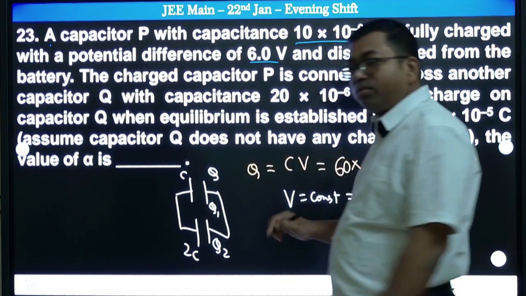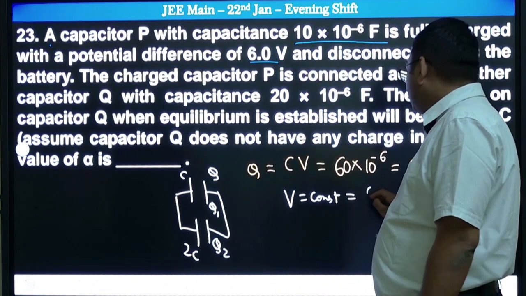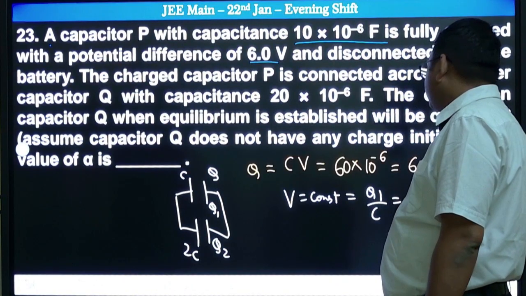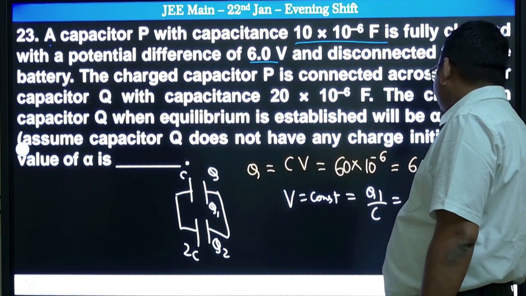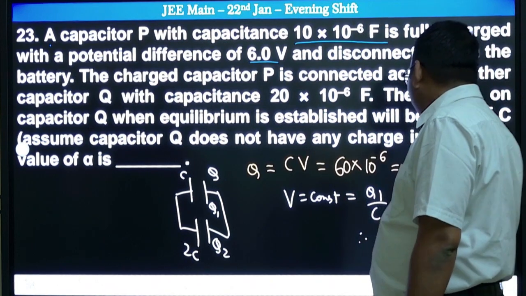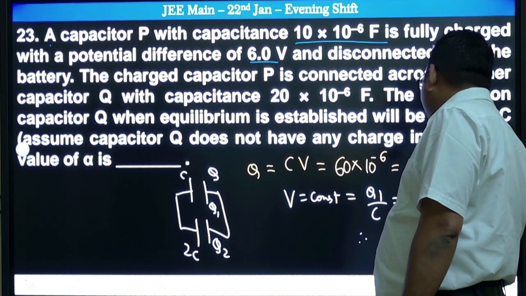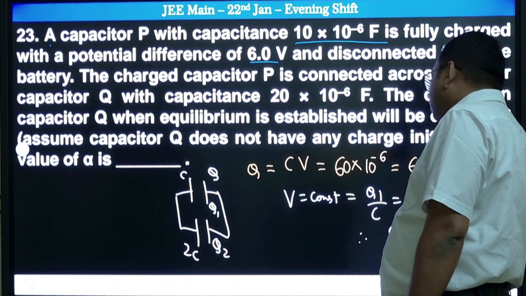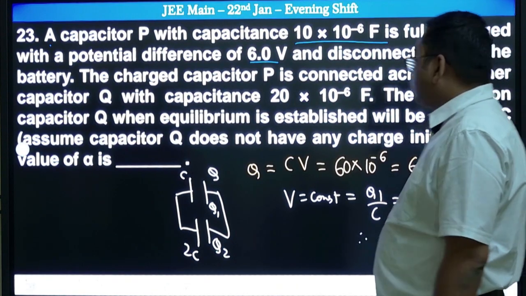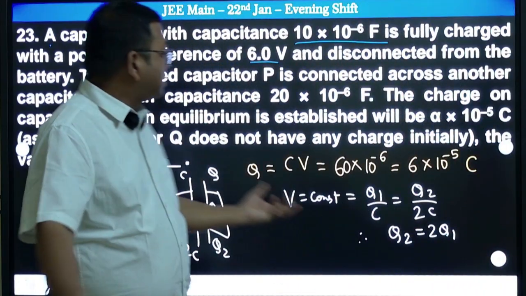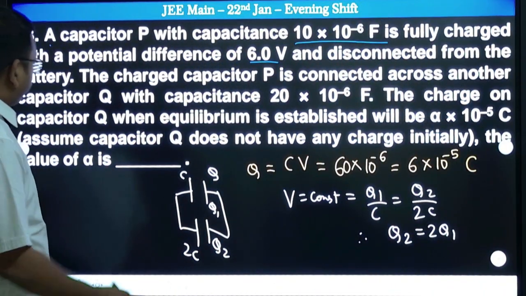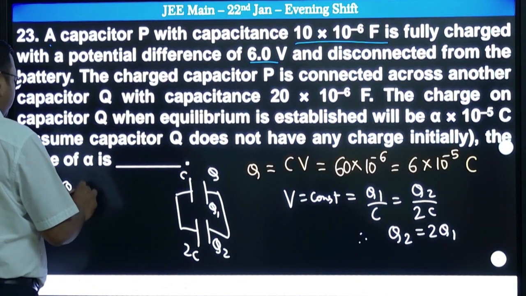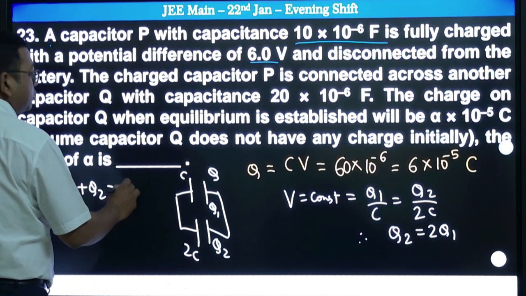V is equal to Q by C, so Q1 by C is equal to Q2 by 2C. Definitely Q2 is going to be 2 times Q1, because its capacitance is double. And the sum of Q1 plus Q2 is the total charge Q.